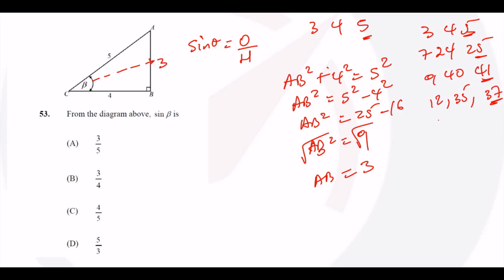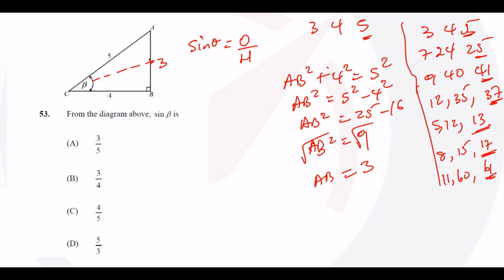We have 5, 12, 13. We have 8, 15, 17. And we have 11, 60, 61. And there are infinitely many more.